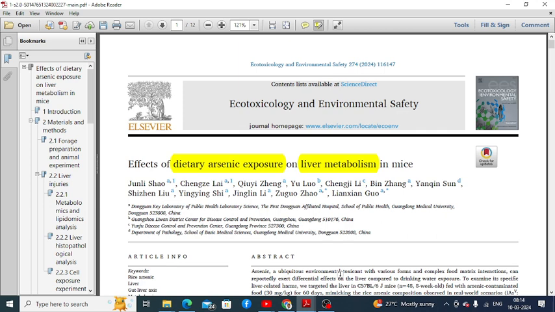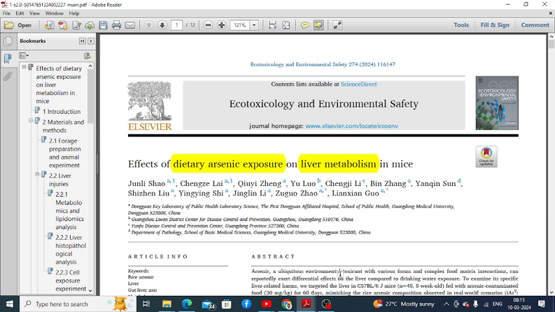So these three paragraphs we could expect here. First is the literature review about arsenic exposure. Second is the research gap, that is, dietary arsenic exposure studies not done earlier.